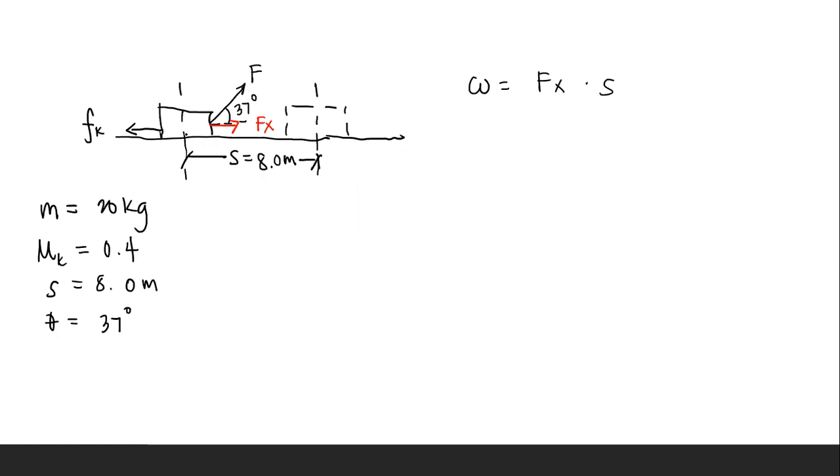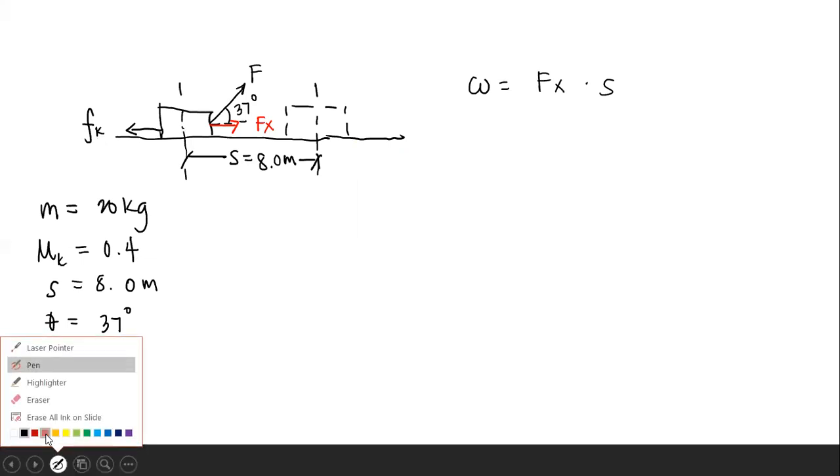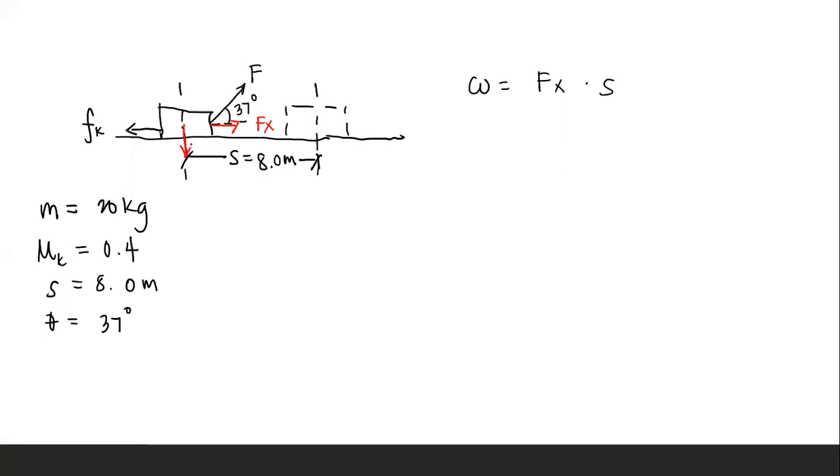Using this, given is the mass of the object. Of course, you have the weight here. You have the weight. Then you have the normal force. Summation of forces y equal to 0. Your normal minus the weight is equal to 0.